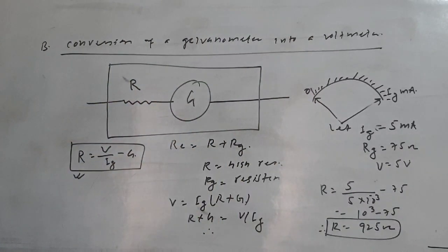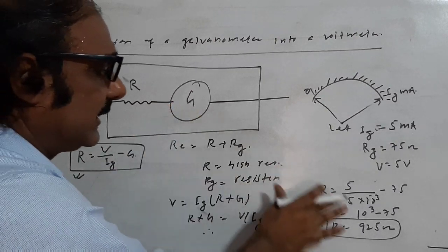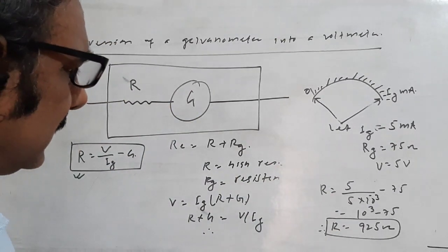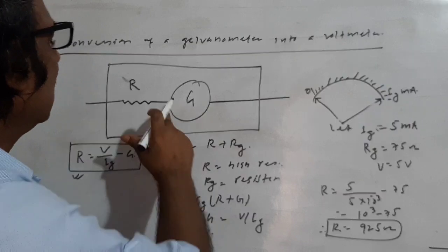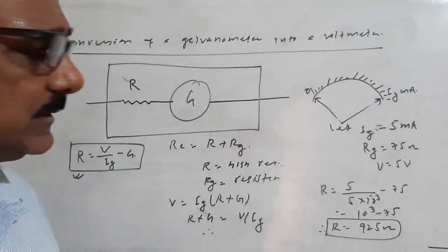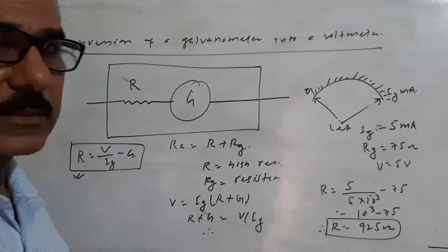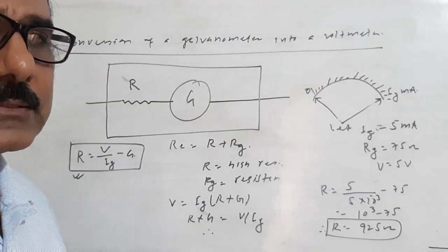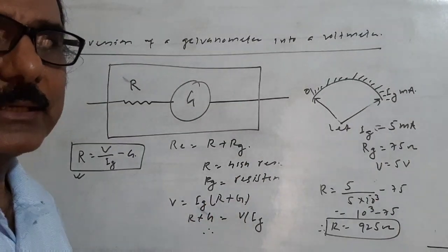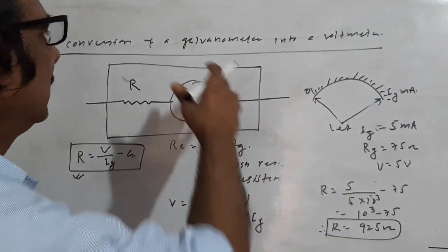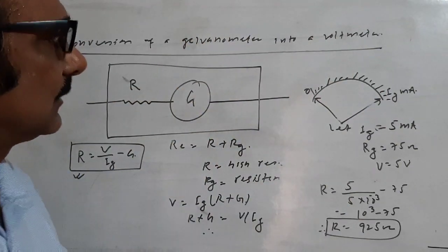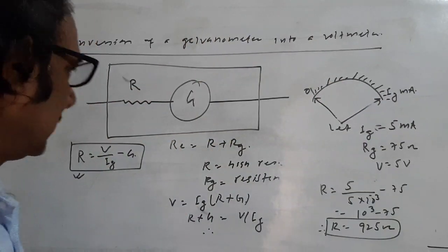So in brief, when a galvanometer is converted into a voltmeter, a high resistance is needed in series, and when a galvanometer is converted into an ammeter, a low resistance is connected in parallel to the galvanometer. In this way a galvanometer is converted into a voltmeter or into an ammeter.